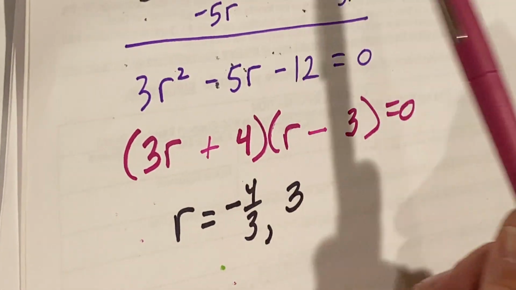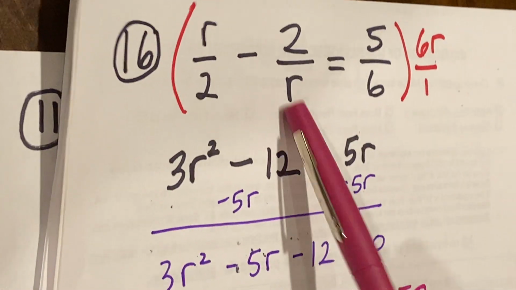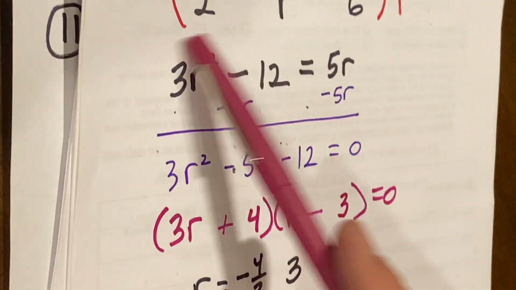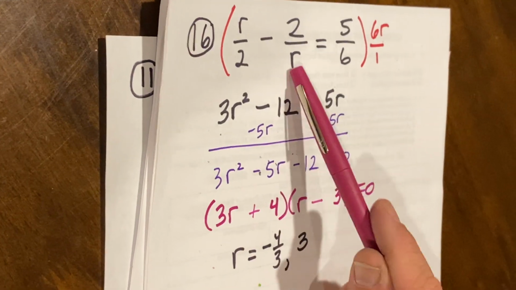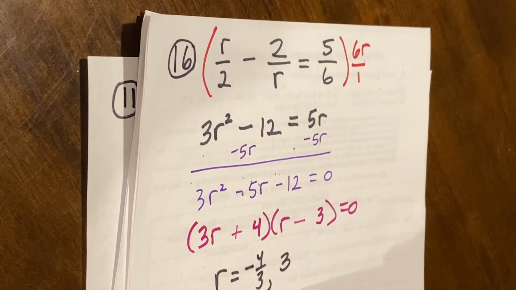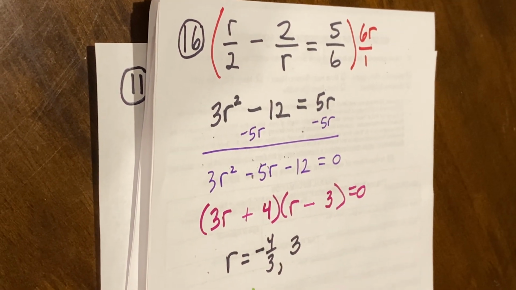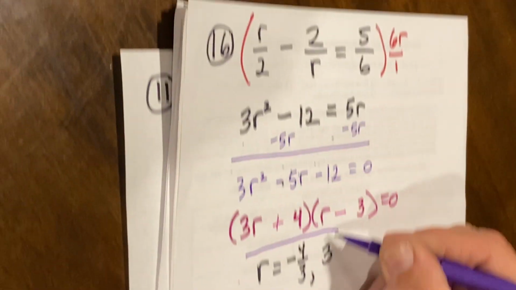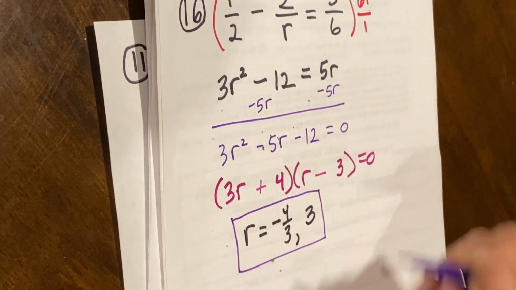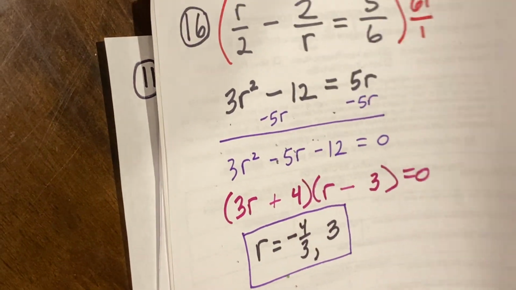But none of those make the denominator 0. The only value that would make the denominator 0 for r here would be 0. If we happen to get r equals 0, that would end up being a bogus root. But we didn't get that. It's not a bogus root. These are the good roots. So there's the answers. Okay, great.